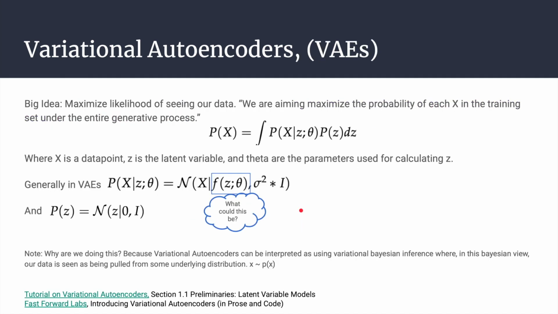Let's move on. Taking a step back into generative models, what is our goal exactly with a generative model? When working with generative models, we assume that our data has some kind of underlying distribution, and we are, in short, attempting to calculate that distribution.